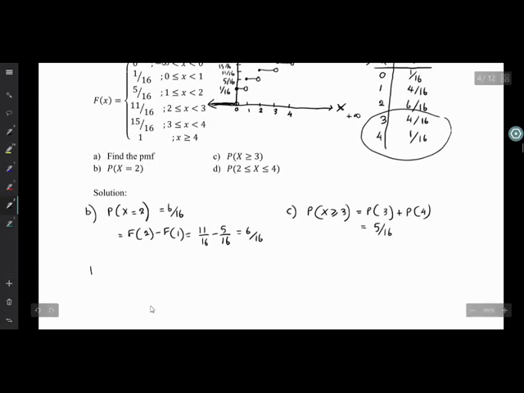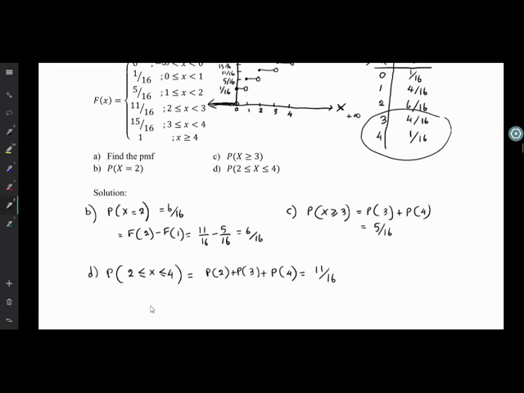Then the last one, you need the probability that x is between 2 and 4. So that will be P2, P3 and P4. If you add them together, you get 6 plus 4, 10, plus 1, 11 over 16.